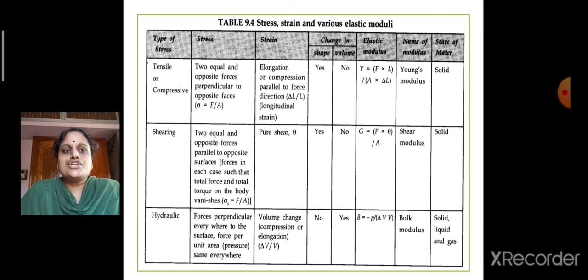Similarly, for shearing strain, the respective data of stress, strain, change in shape or volume, elastic modulus, name of the modulus and state of matter is shown. The same is shown for hydraulic stress too.